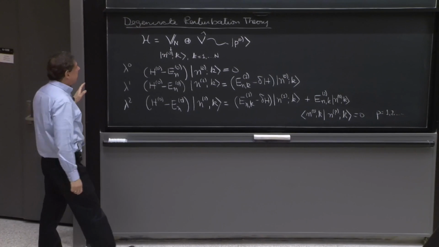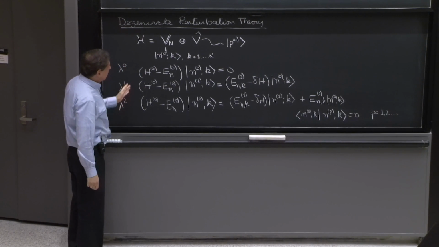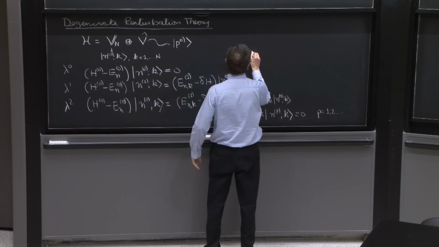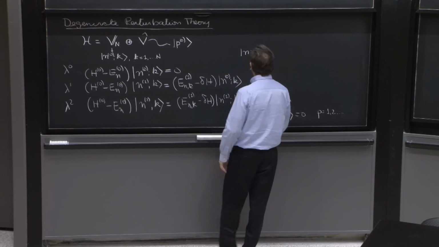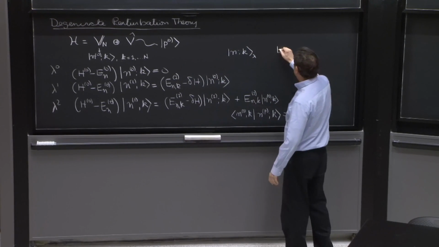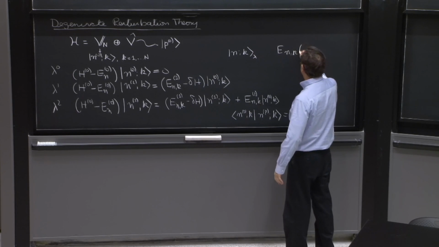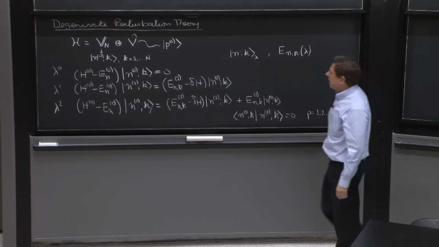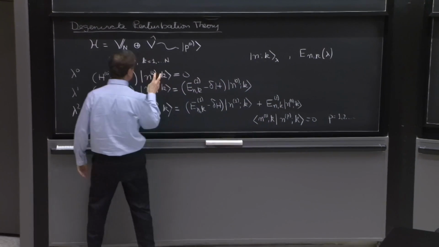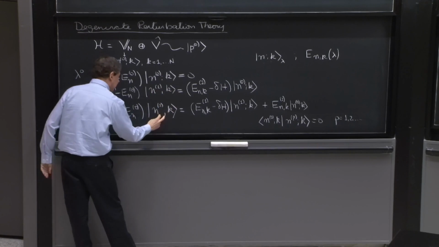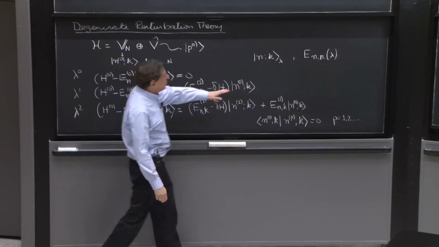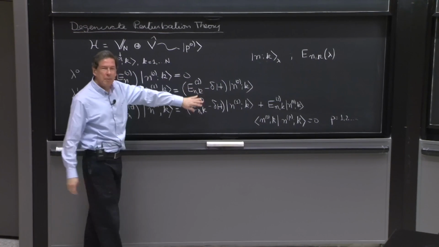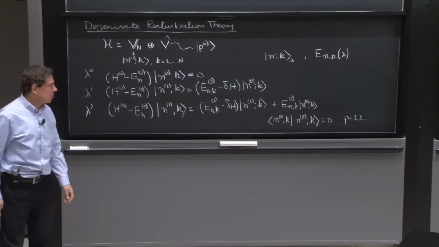So our perturbative equations assumed that we were going to find states Nk that depend on lambda, and they would have energies Enk that depend on lambda. Looking at the Schrödinger equation, we found an expansion in which this state is the state N0 plus lambda N1 plus lambda squared N2, and this energy is En0 plus the first corrections plus the second corrections and those things.